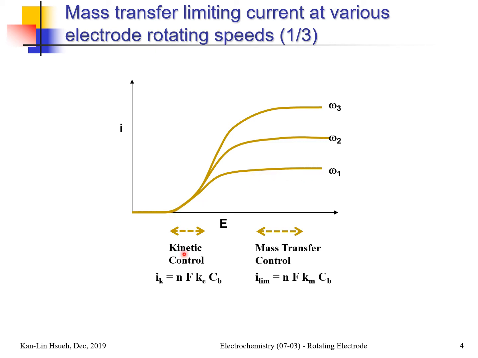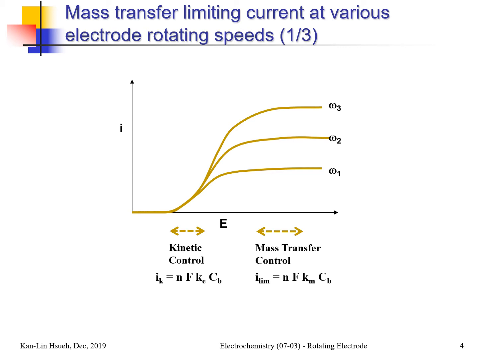If I keep increasing the potential, the current should be much higher, around here. But actually the current is only at this level, because at this rotating speed the mass transfer rate is somewhere around here. So even though your electrokinetic current may be up to here, it is now limited by the mass transfer rate. The limiting current equals n F k_m C, where k_m is the mass transfer coefficient.